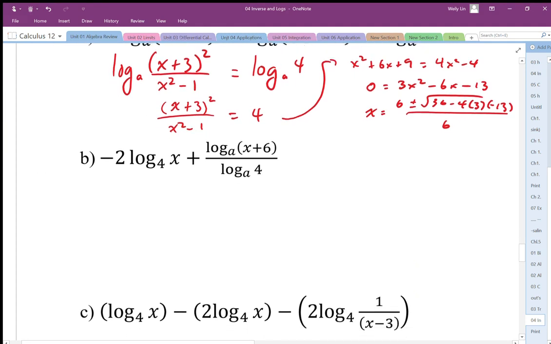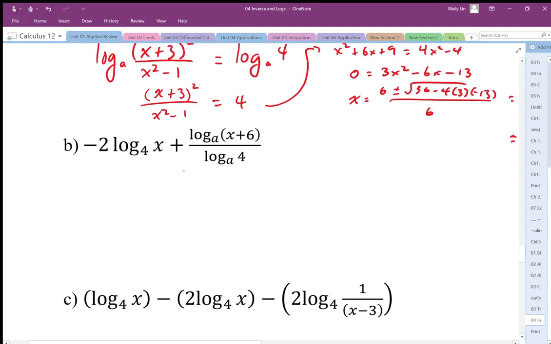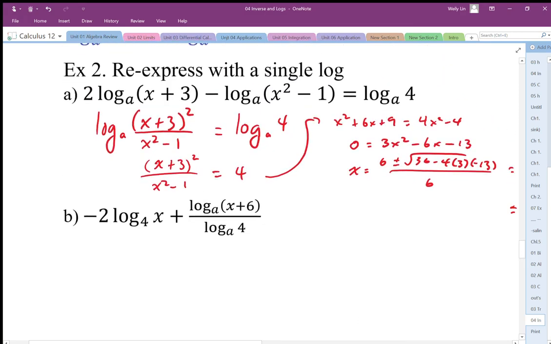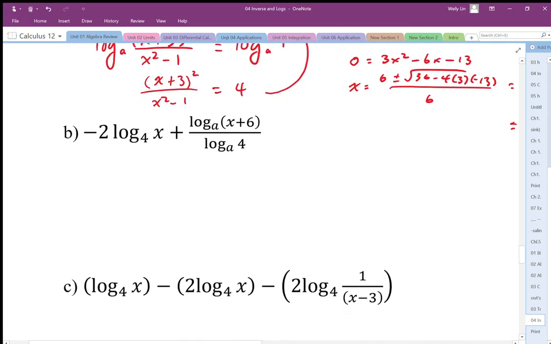So this one here, we can just express as one log. We can simplify this expression. This is not an equation, so we can't solve this like the first one. So this one we need to combine. We need a common base. Here the base is base a, here is base 4, but since we're dividing, really the only time we see divide is when we have the change of base formula.